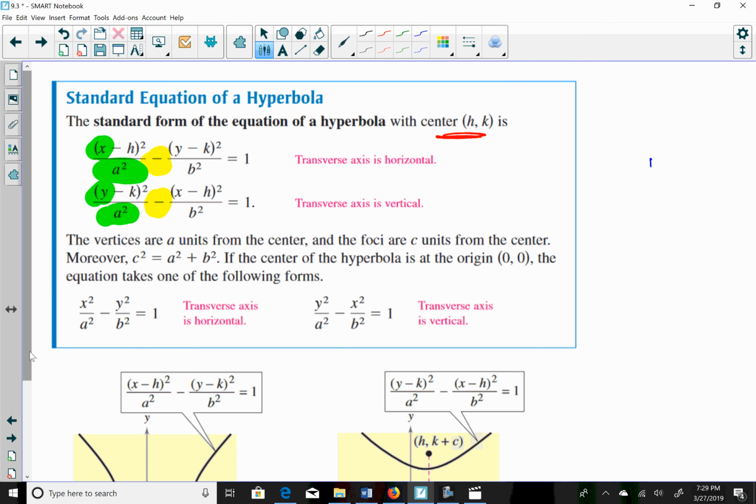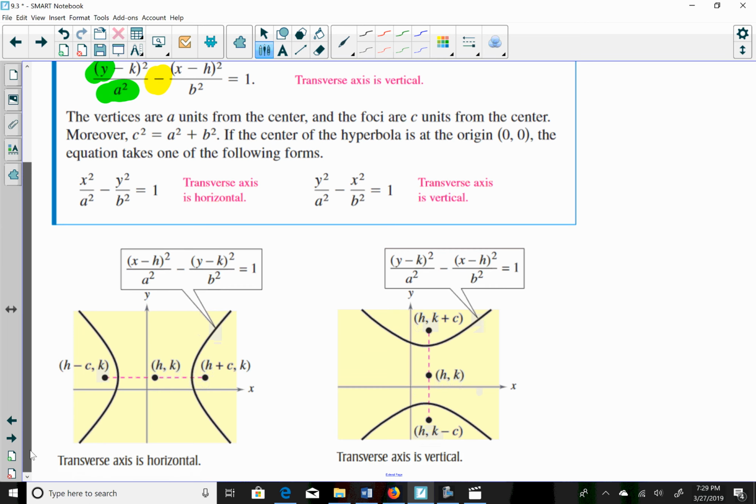So when x is positive, your branches are going to open east and west, or to the sides. When your y is positive, your branches are going to open up and down. You're also going to have the formula here to relate your C to your A and your B. C squared is equal to A squared plus B squared.